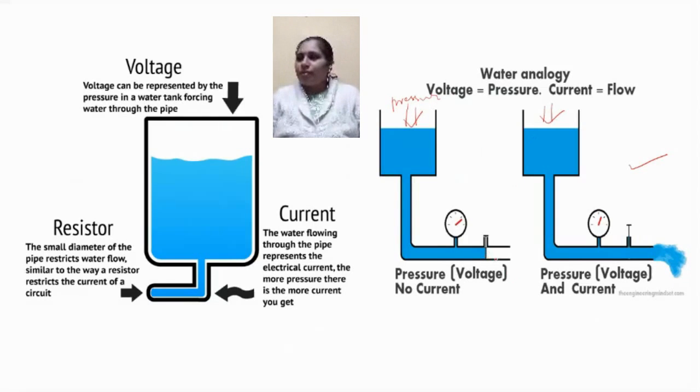The difference between these two circuits is that due to the presence of this nozzle, there is no flow of water through it. Whenever this nozzle is opened, then there is a flow of water.